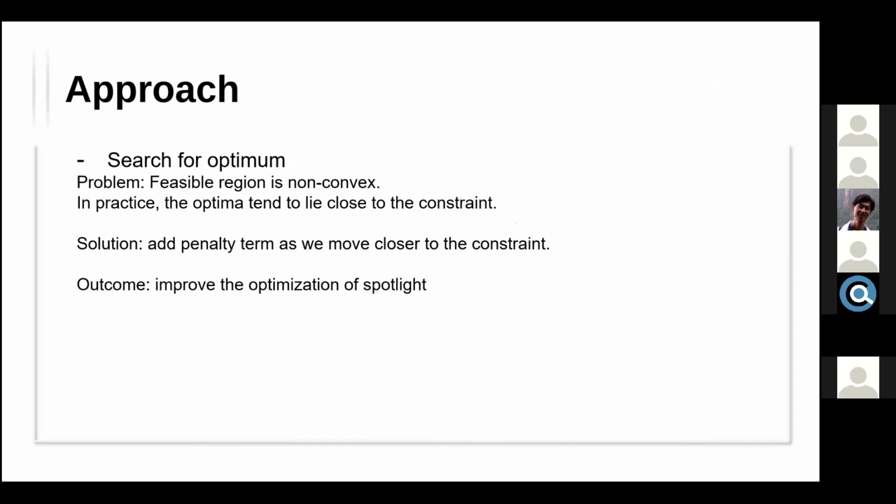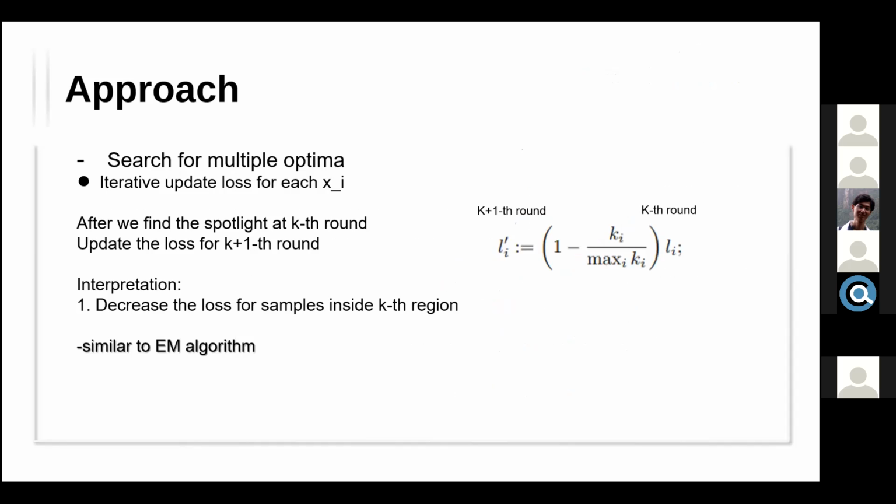Okay. And then the second problem is that surely you don't just find one spotlight and then terminate. You will want to find multiple spotlights in the data set. How they do it is, after they found, let's say, one spotlight in round k, they update the loss of the data set.